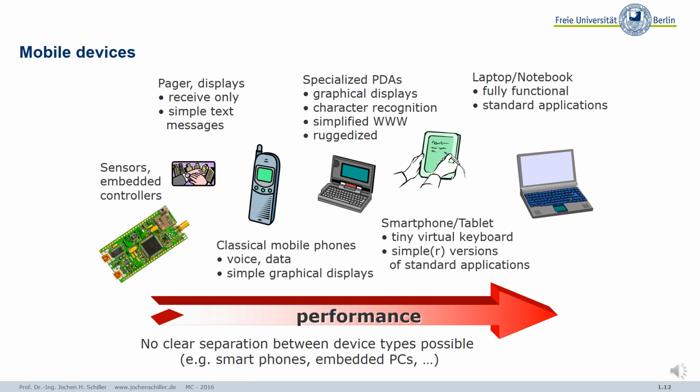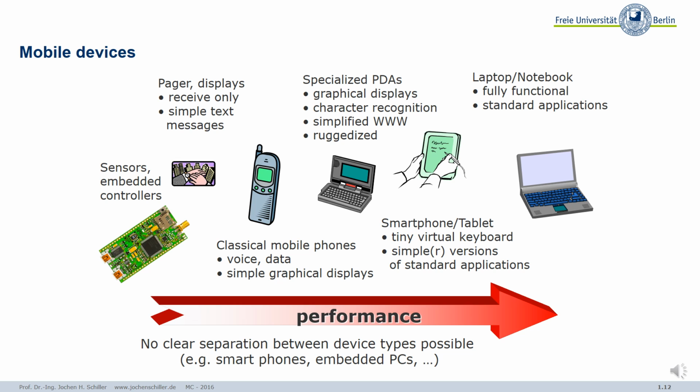Okay, many services. And if I talk about devices, I do not really care about, is it an embedded sensor somewhere in some machine? That's what we use for tracking endangered birds, for example. Or is it some kind of smartphone, some tablet, some whatever, with more or less performance?